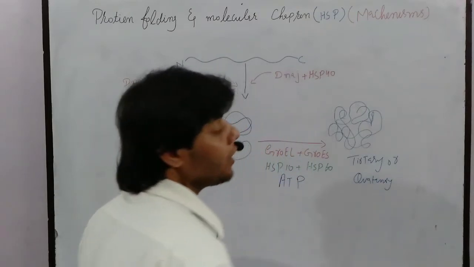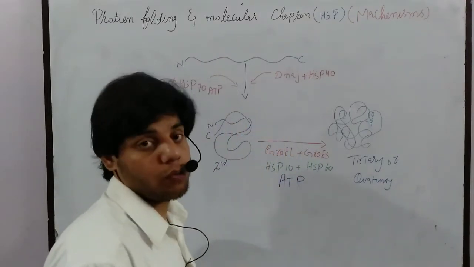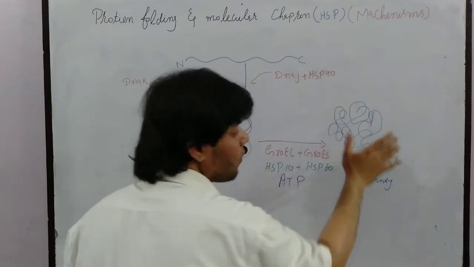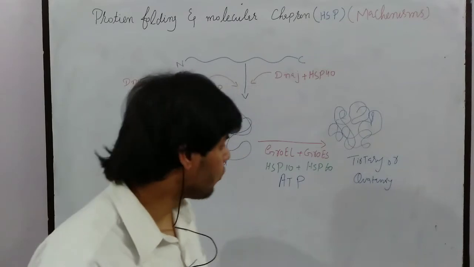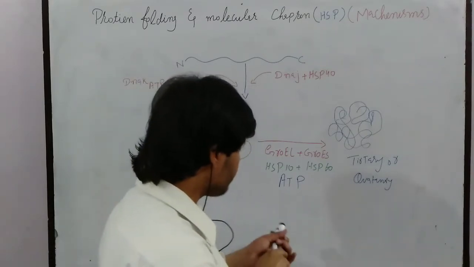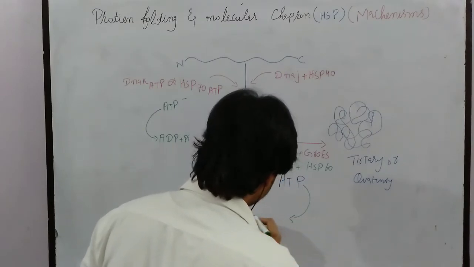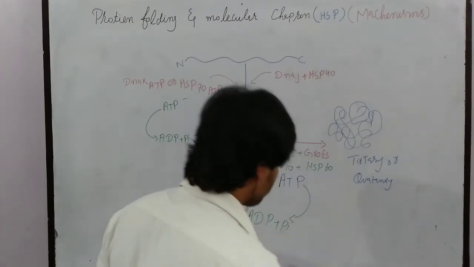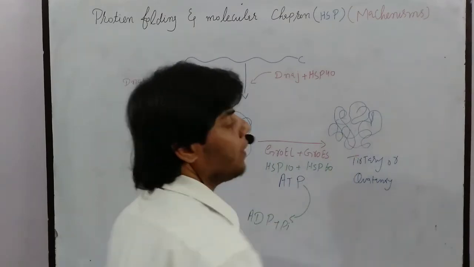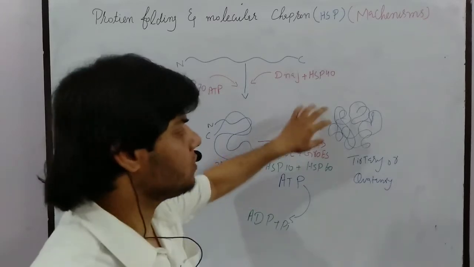Now this quaternary or tertiary structure of the protein is responsible for the function. This protein will not be converted further into a folded form, and in this process the ATP will also give energy and be converted into ADP plus inorganic phosphate, and the energy is required by this protein to make a tertiary structure, as you can see.